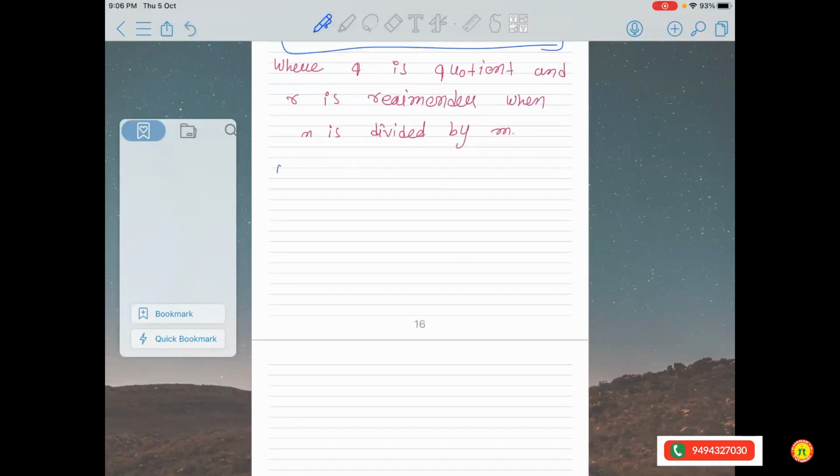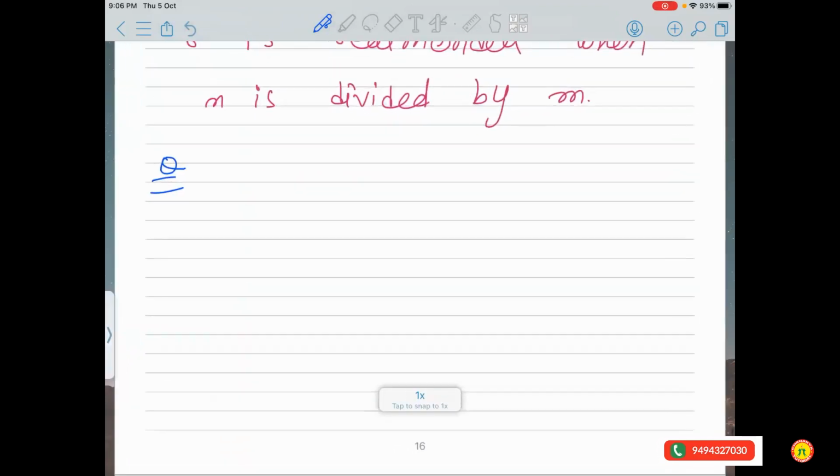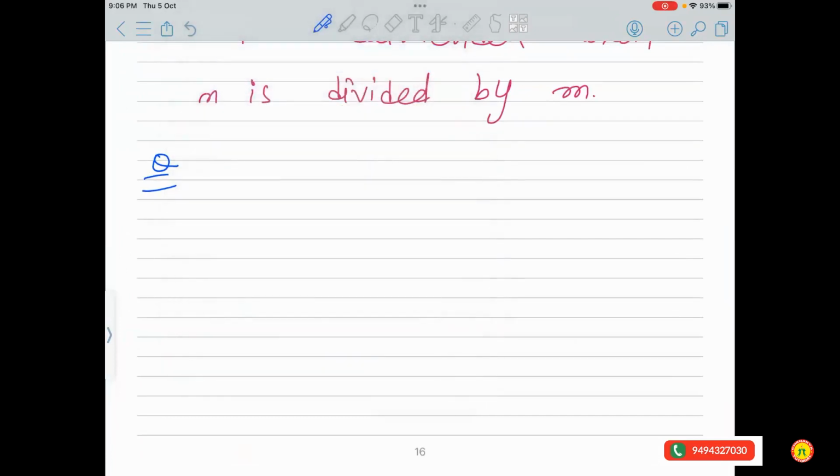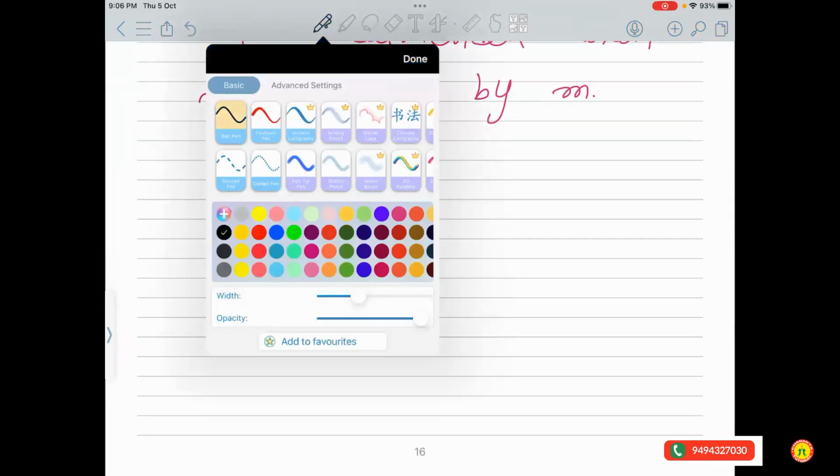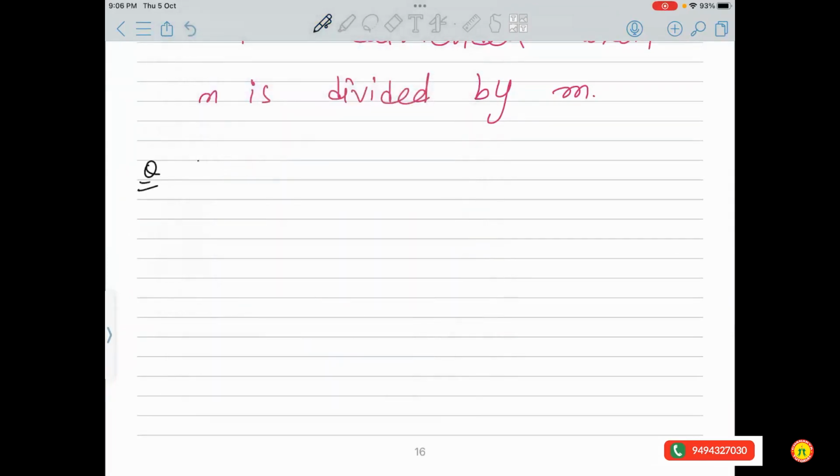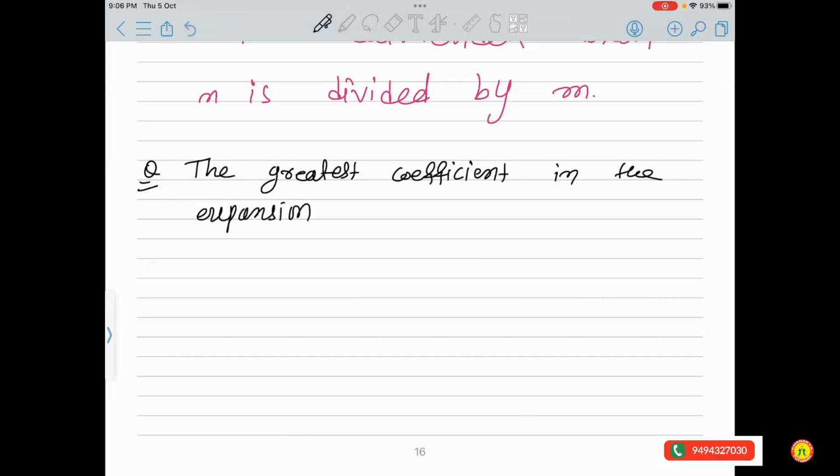Like this, the question is: the greatest coefficient in the expansion of (x plus y plus z plus t) power 15.